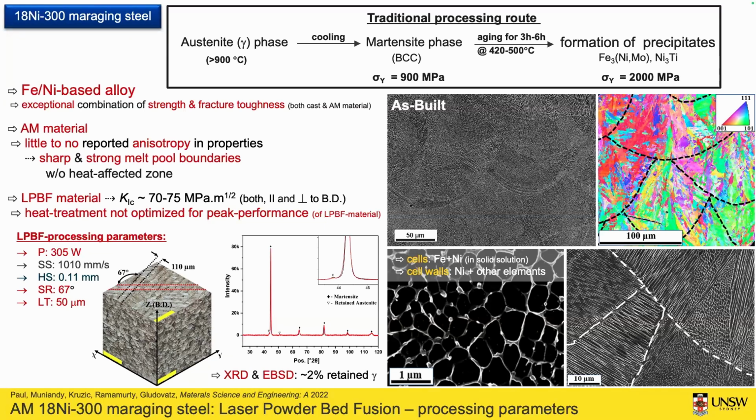It has been tested before in the conventionally processed material as well as in additively manufactured condition. And there is very little to no reported anisotropy in the properties, which is primarily because these melt pool boundaries are significantly stronger. They are also much sharper, and there is just not the structure that we have in aluminum silicon alloys.